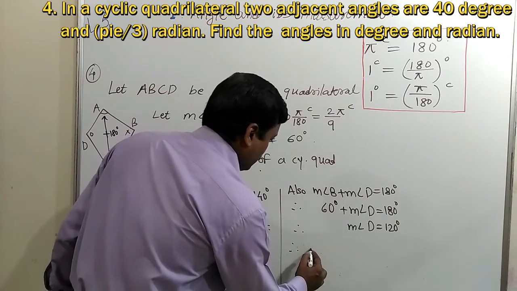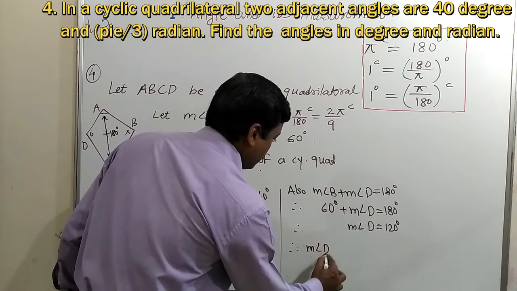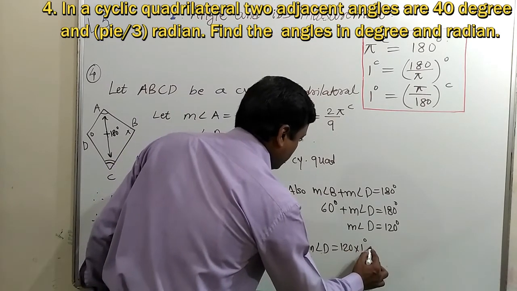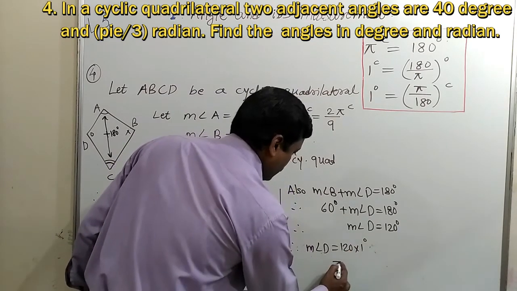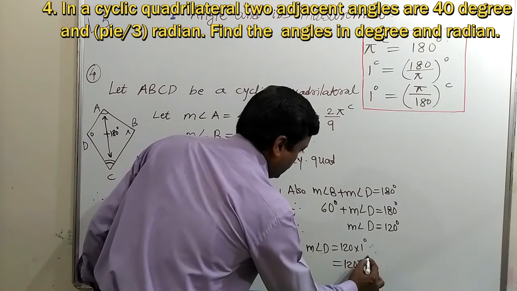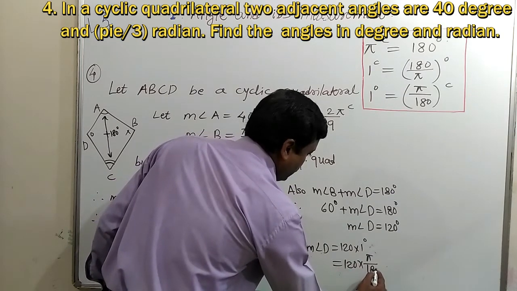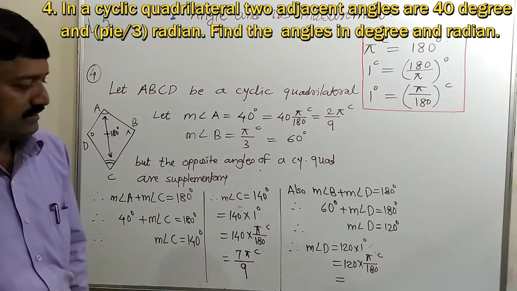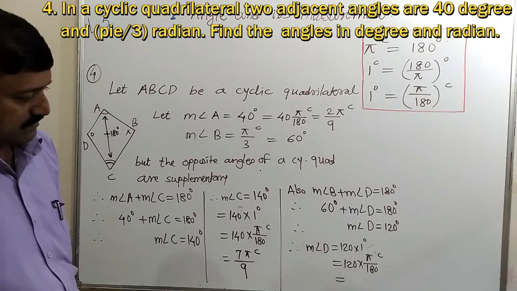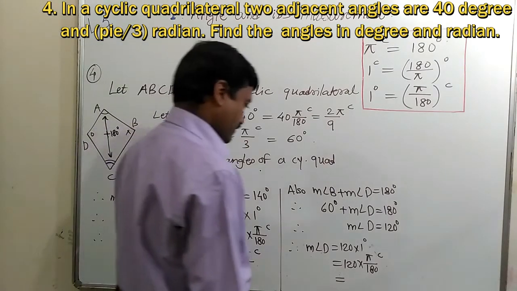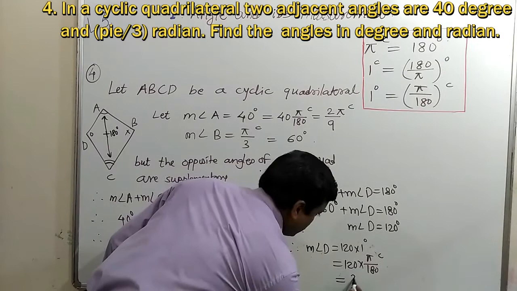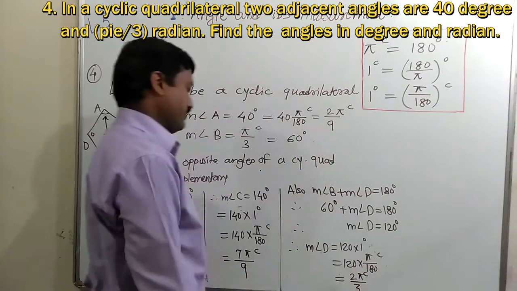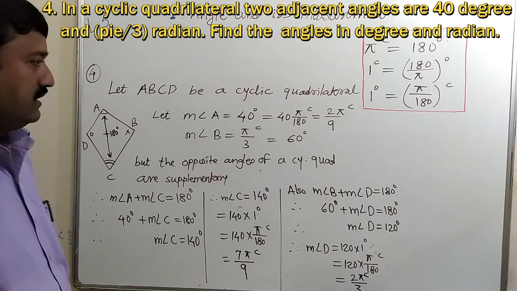Therefore, measure of angle D is equal to 120 into 1 degree, that is equal to 120 into pi by 180 radian, and after simplification it will be 2 by 3. So it is 2 pi by 3 radian. So this is angle D.